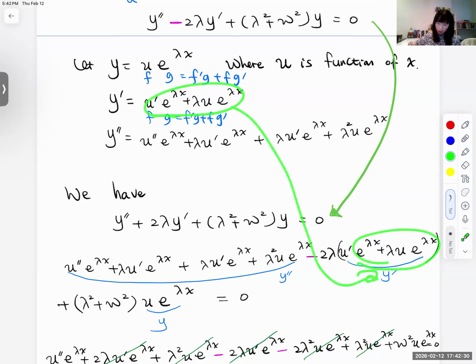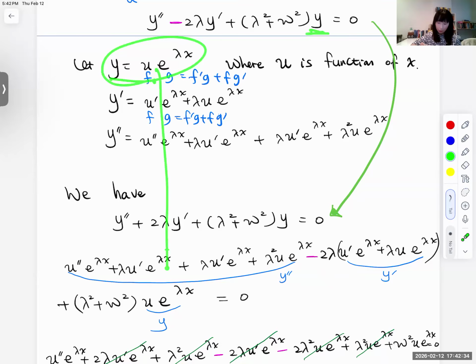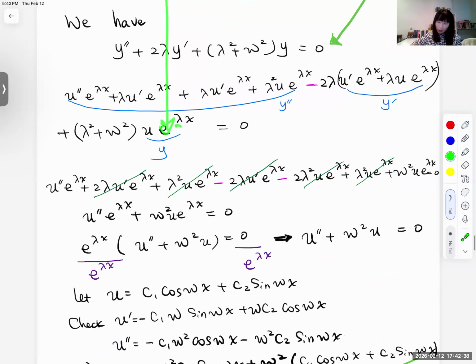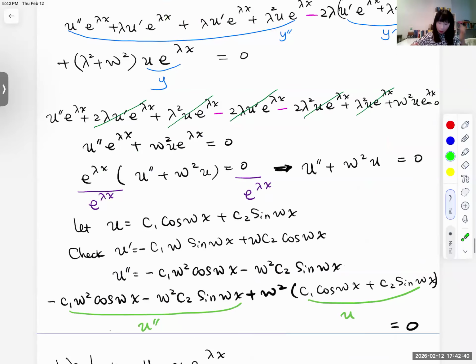So substitute there. And then y, just do y. Plug in here. Okay, now we combine like terms. So we get u second prime plus omega squared u equal to 0.